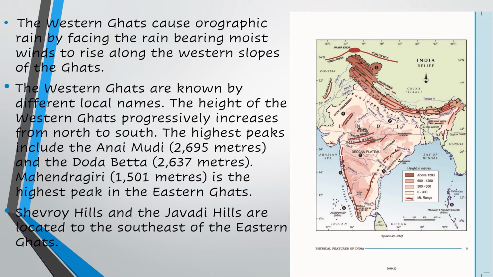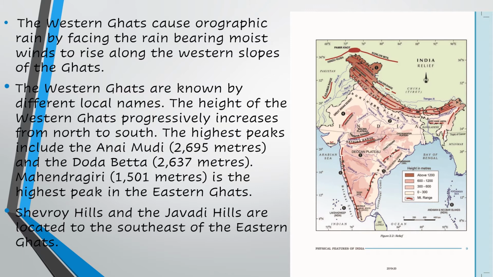The Western Ghats cause orographic rain by causing the rain-bearing moist winds to rise along the western slopes of the Ghats. So orographic rains we all have studied, where the wind has been obstructed because of the peak of the mountains, correct?